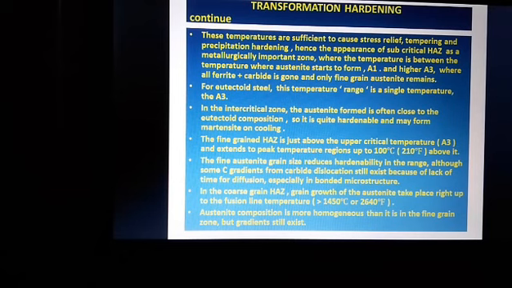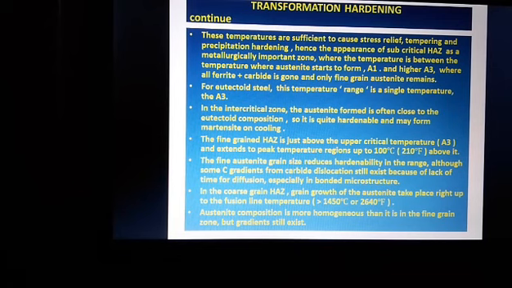For eutectoid steel, the temperature range is a single temperature, A1. In the intercritical zone, the austenite formed is often close to the eutectoid composition, so it is quite hardenable and may form martensite on cooling.